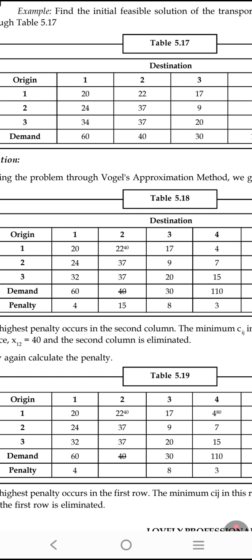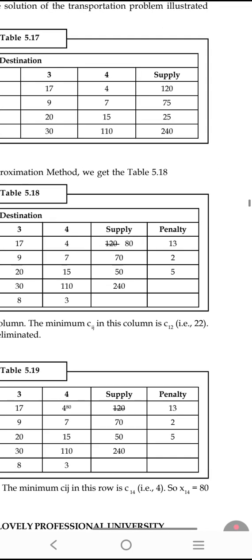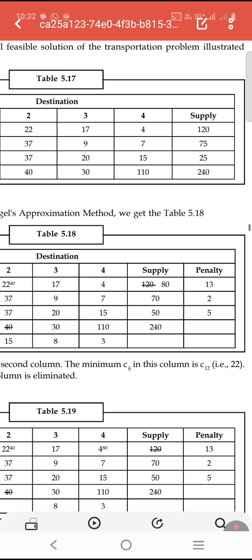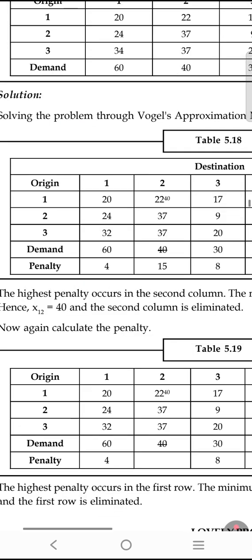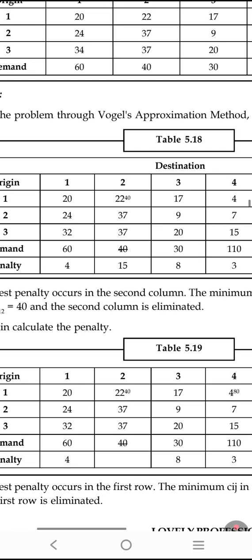Having found all the row penalties, next we find the penalties of the columns. In the first column, the smallest cost is 20 and the next smallest is 24, and the difference 24 minus 20 is 4. In the second column, the smallest cost is 22 and the next smallest is 37, and the difference is 15.